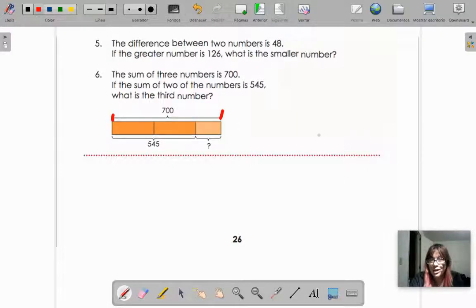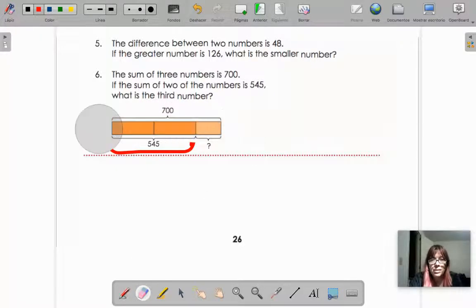Even without reading, I know just by looking at the bars. Then they tell me that these two parts together is 545, and we don't know this. So like I told you in the other, immediately I know to the 700, the whole, I need to take away these two parts, and then I will know how much is the other little part.